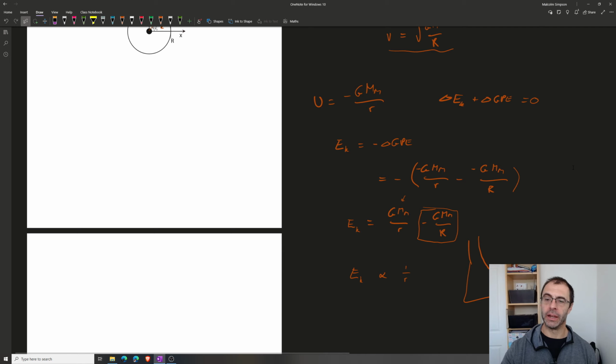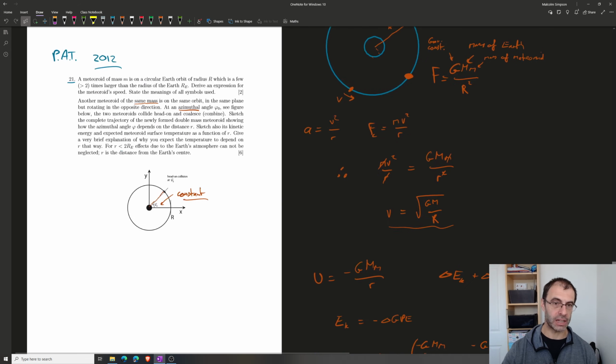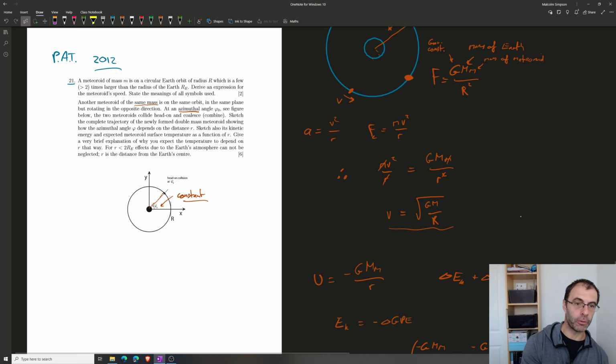But there's a problem here, because that would be the kinetic energy curve if there were no issues with things like atmosphere. But the question actually makes reference to this: for r less than 2RE, effects due to the Earth's atmosphere cannot be neglected. So once we get into the Earth's atmosphere, which it's suggesting is at about 2RE, we can no longer neglect its effects.